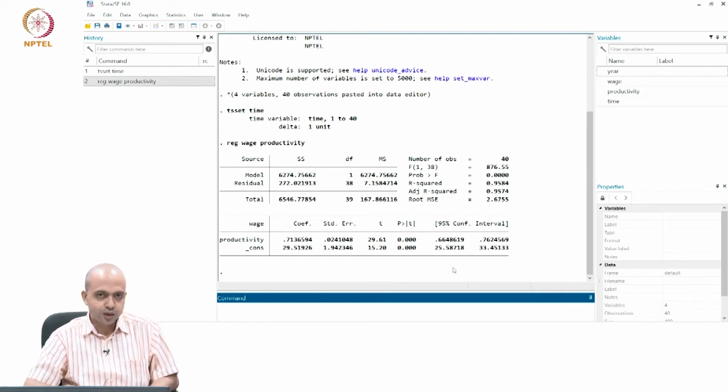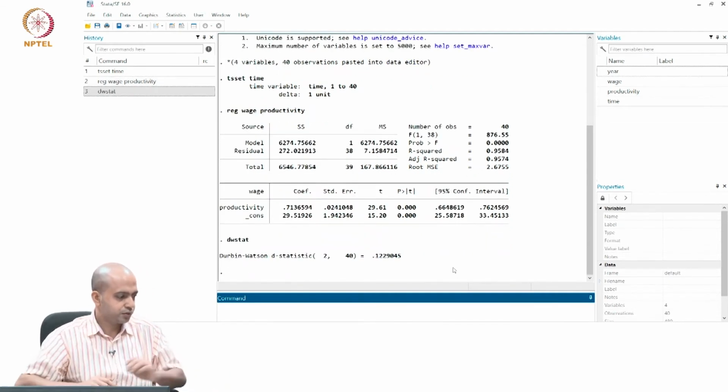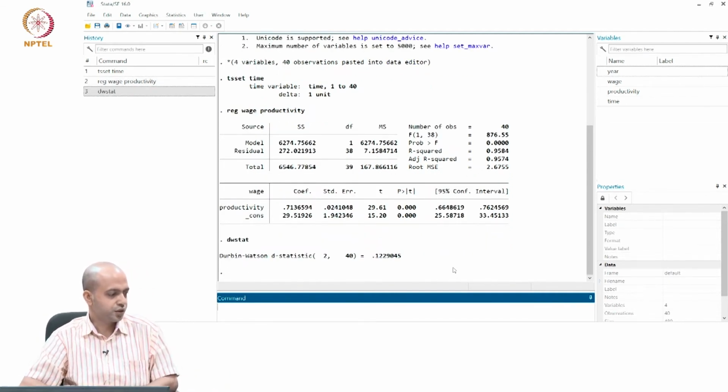How will you do that? To detect autocorrelation, we need to get the Durbin-Watson test statistic, which is dwstat. This is the command. Okay. The Durbin-Watson test statistic is 0.1229.